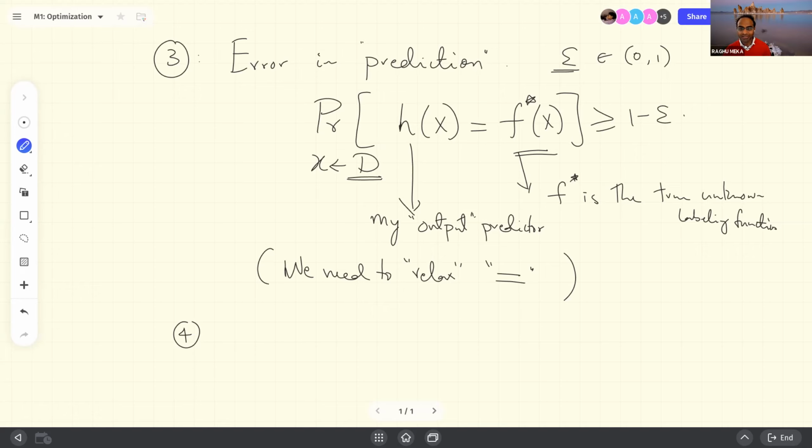But there's something a little more first principles that we are missing here. This is something that we'll just address once, and for the rest of this course we'll take it for granted, but we have to look at what this assumption is. Remember we said our goal is to minimize this prediction error, but our training set itself is randomly generated, right? You're getting examples x1, x2 up to xn from some distribution.